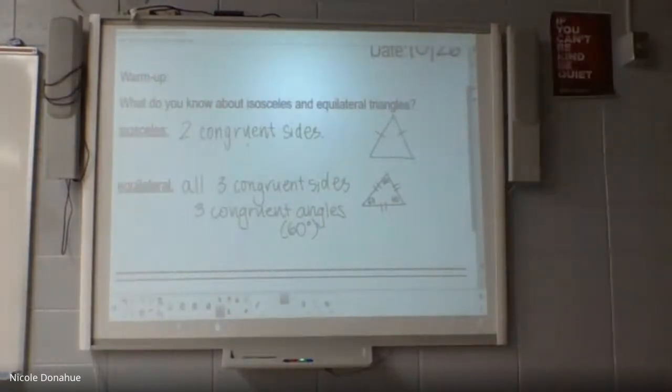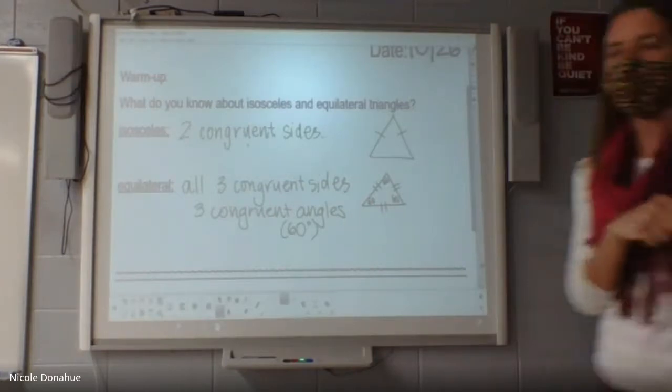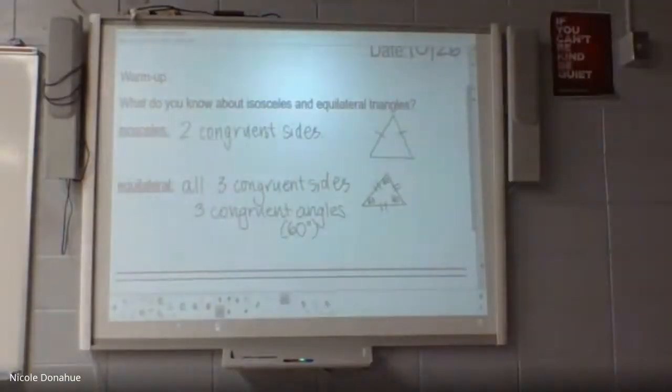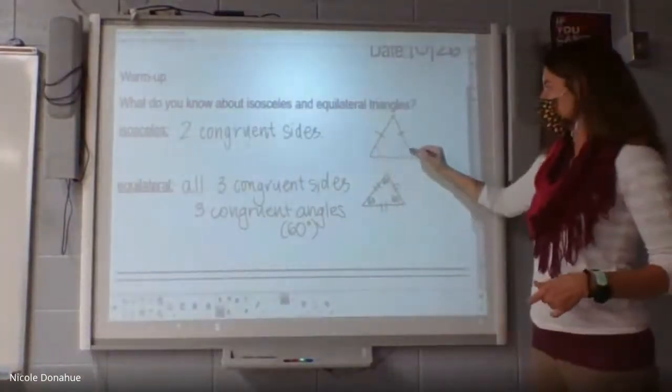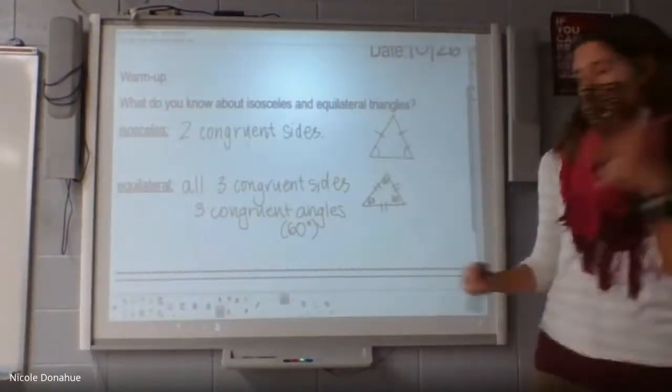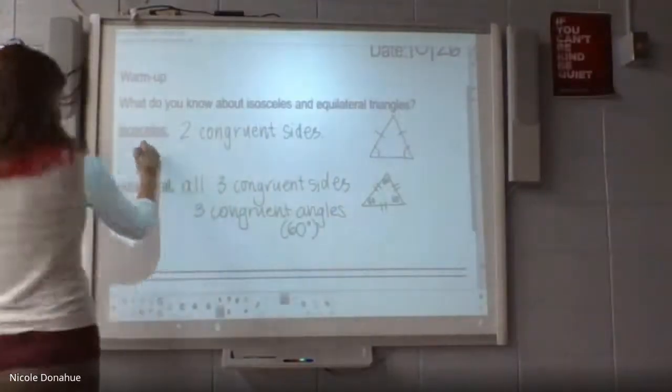And I think we mentioned this about isosceles. Does anyone remember? There's something about isosceles and their angles. About their base angles. I feel like it was in our chapter like 2 or something. Maybe I'm wrong. No? I don't remember now. So base angles are congruent in isosceles triangles. So isosceles has two equal angles as well.